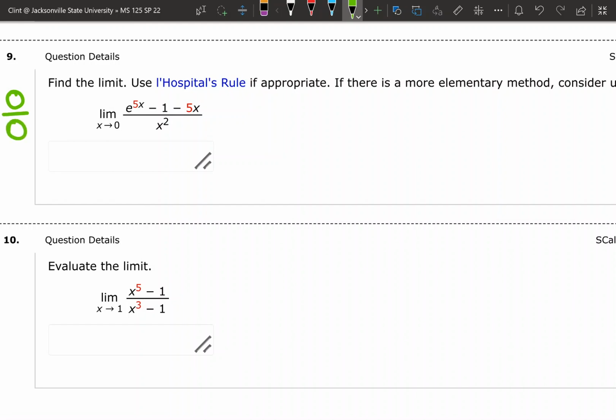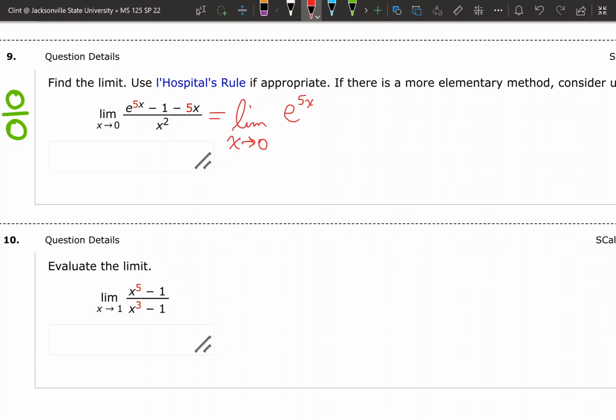Okay. So we do L'Hopital's rule. L'Hopital's rule says we can take the derivative of the top and the derivative of the bottom, and that'll preserve the limit. So just do it term by term in the top. The derivative of e to the 5x is e to the 5x.